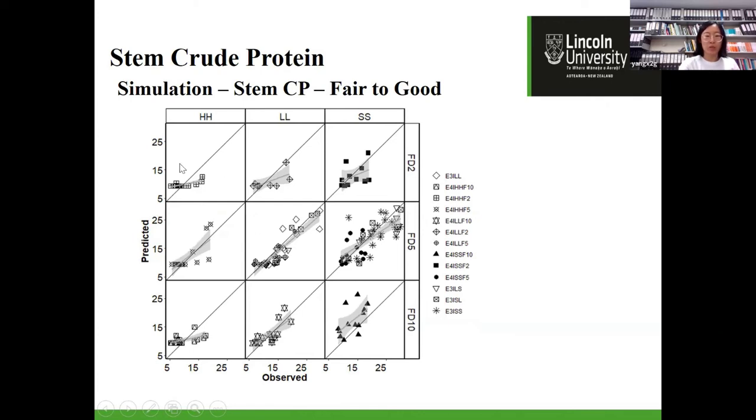We can see FD2 is not doing really well under the 84 days cutting treatment, and so is FD10. FD10 under the SS treatment, so 28 days, we have an overestimate of stem.